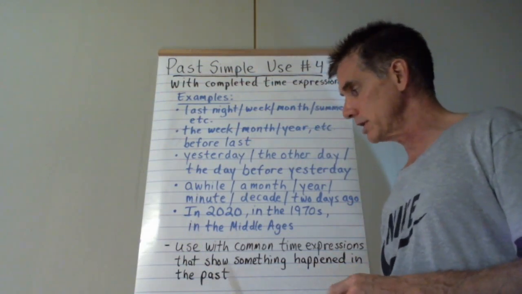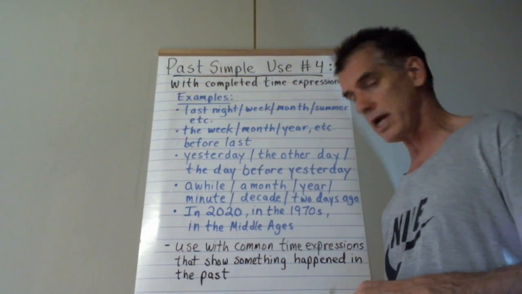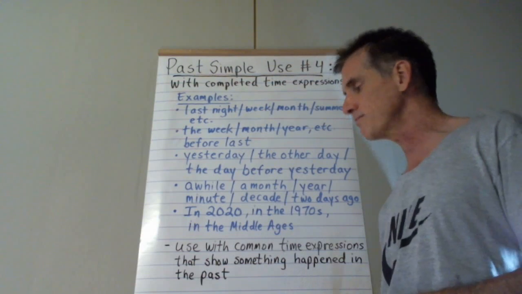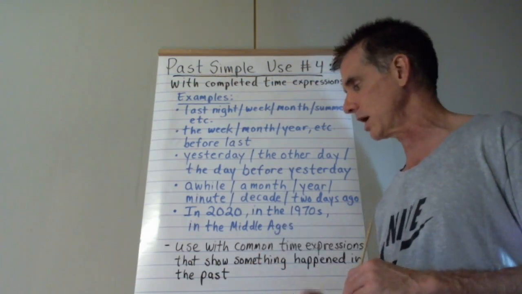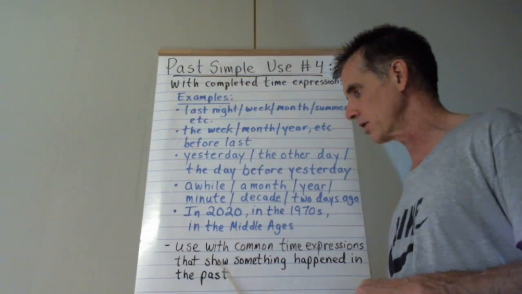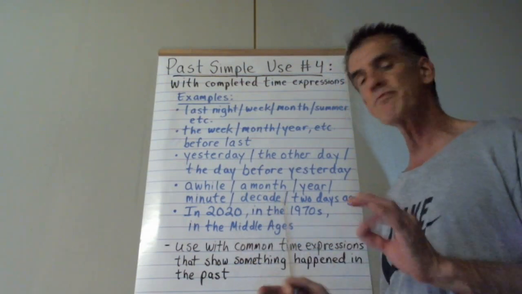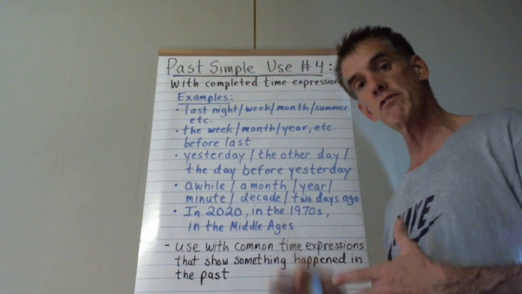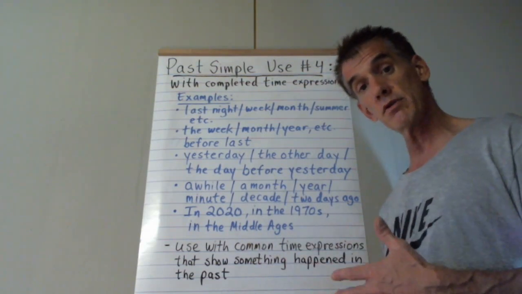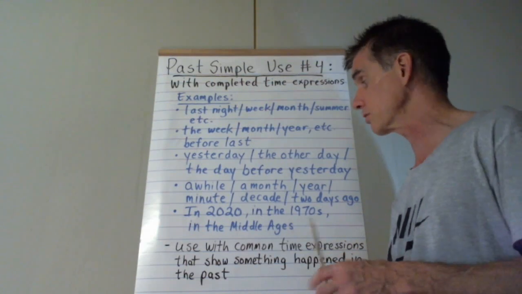Just to give you a little more detail, use this with common time expressions that show something happened in the past. These common time expressions, the examples given up here, show something happened in the past and refer to when it happened, either in vague terms or in more specific terms.